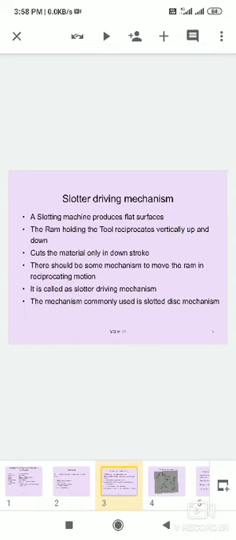Different materials can be machined. The tool holder moves in the vertical direction only, upward and downward. The downward direction is the cutting stroke, and the upward direction is the return stroke, that is called the idle stroke also.